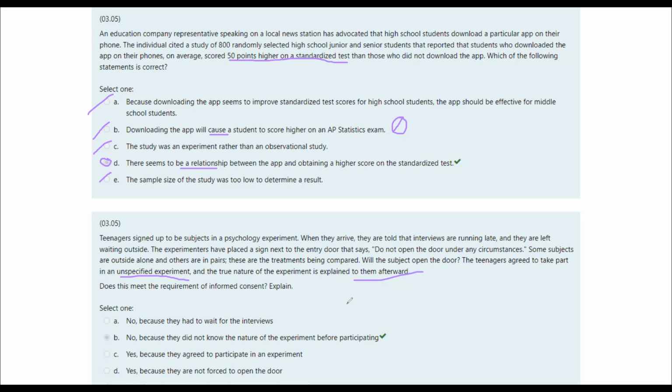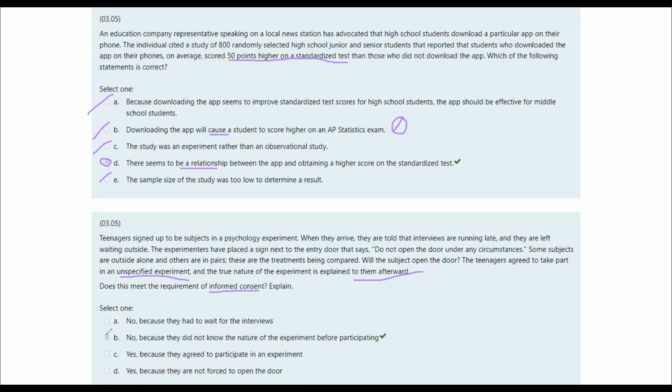And informed consent. Now it's asking, does it meet the requirement of informed consent? We have to have informed consent, and we have to have debrief, due to the American Psychological Association. Informed consent is that they must know what they're taking part in, and they must have a choice.